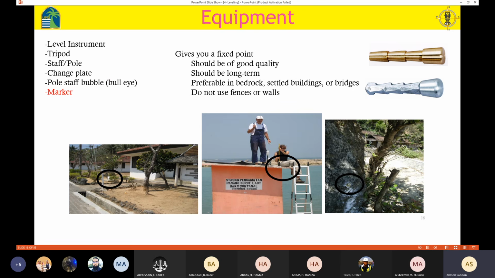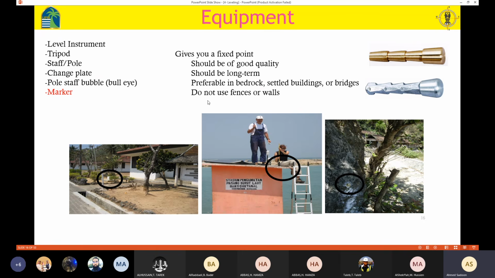Finally, we have the marker. You need to have some locations marked so that when you finish your leveling and you come back, you know your locations. In order to do this, the material with which we make the marker should be of good quality. It should be long term and should last for a very long time. It's preferable to be embedded in the bedrock or in solid buildings or bridges.